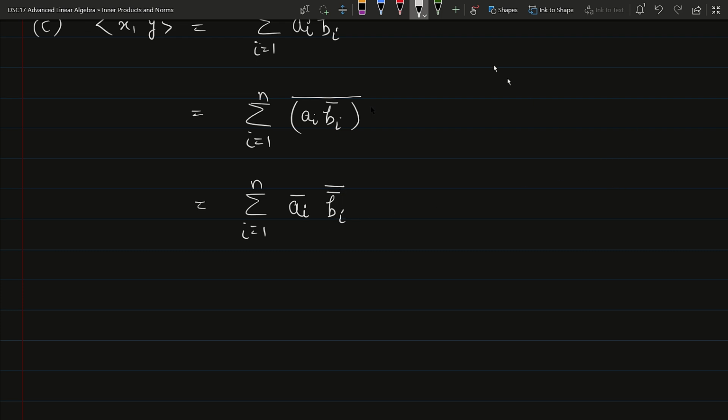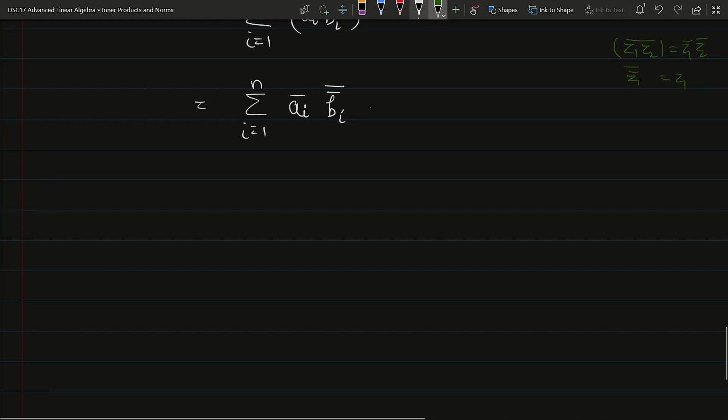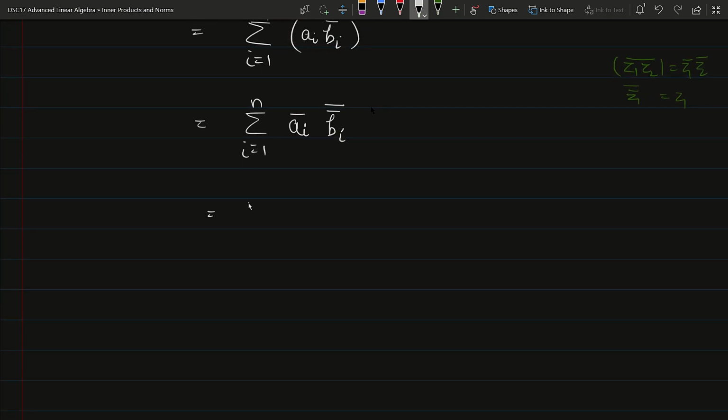Okay. You have this one in complex numbers: z1 z2 bar is equal to z1 bar z2 bar, and z1 bar of bar is same as z1, so I am using that one. So you will have this equals summation i is equal to 1 to n of ai bar bi.